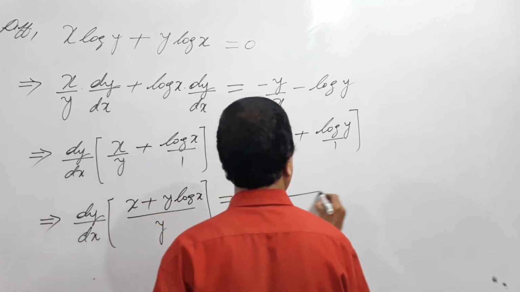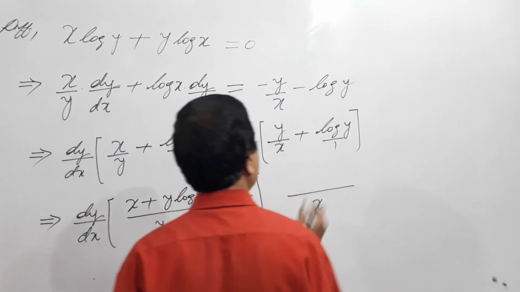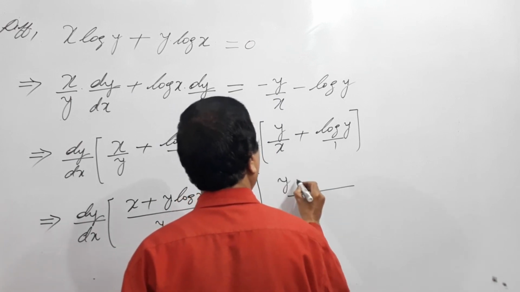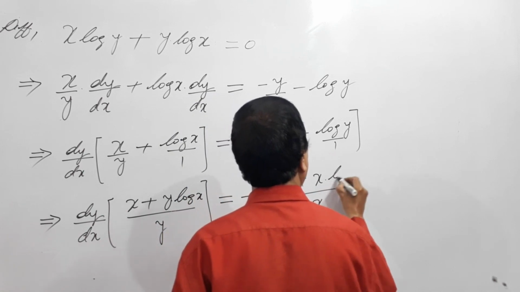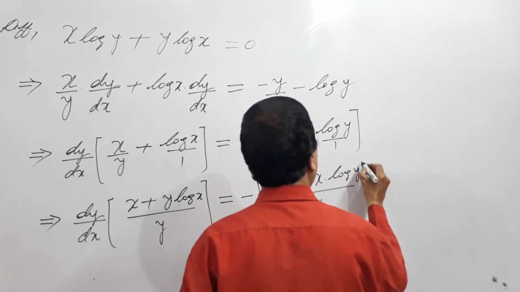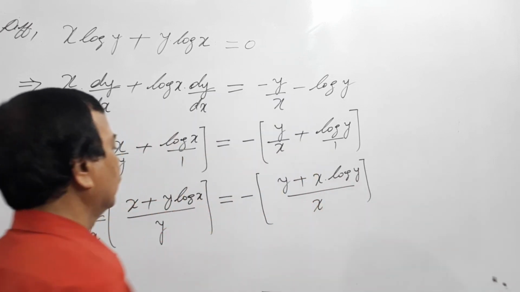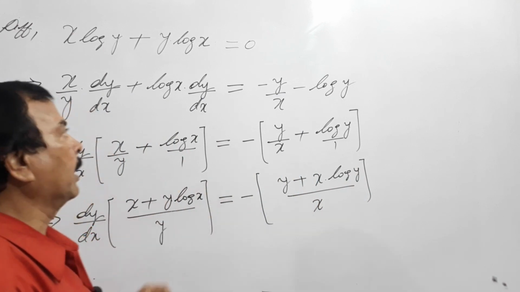Here x is the LCM: (y plus x log y) by x. So what we will do? We will cross multiply.